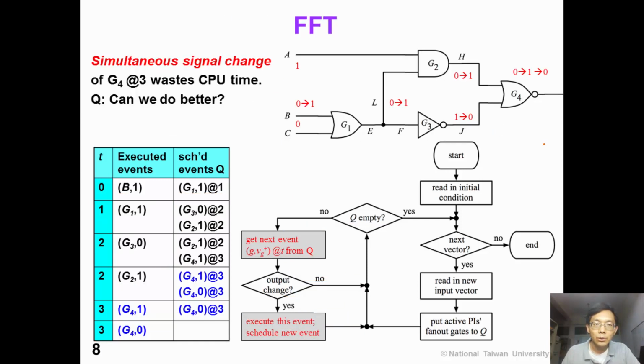Okay, if you watch this video very carefully, you will find out that at timestamp 3, actually G4 is toggling from 0 to 1 and back to 0. This is what we call a simultaneous signal change. This actually wastes the CPU time without doing anything new. So can we do better? This is an interesting FFT for you to think about.